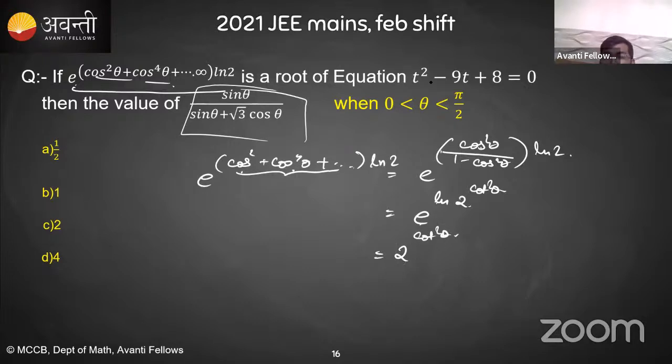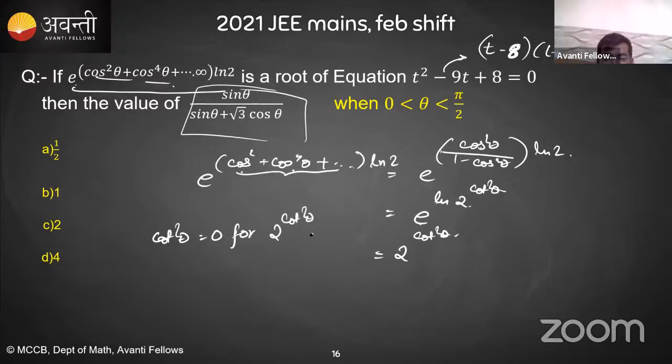Okay, so this is a root of the equation. A root of this equation is (t minus 9) into (t minus 8) into (t minus 1) equals 0. So first of all, cot square theta should be equal to 0 for 2 power cot square theta to be equal to 1, right?